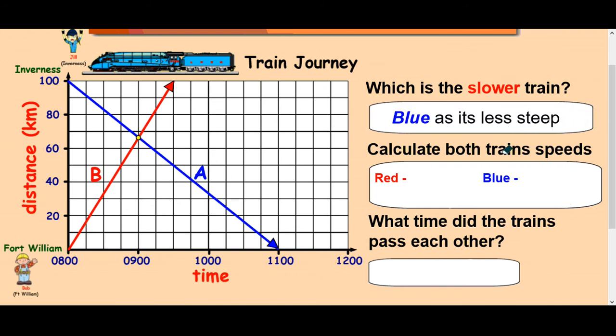Calculate both train speeds. So the red one, we have to get the distance, so it's 100 kilometers, and it took, what, 9.5 hours? Sorry, 1.5 hours, not 9.5, so 67 kilometers per hour, and I've just rounded that to the nearest whole number. The blue one, it's travelling 100 kilometers as well.